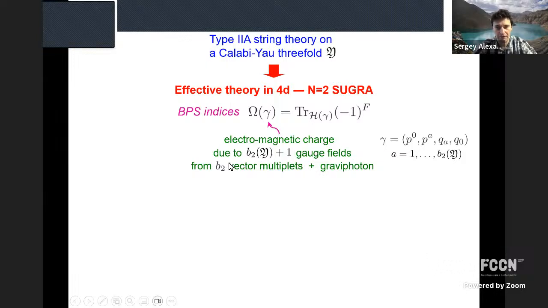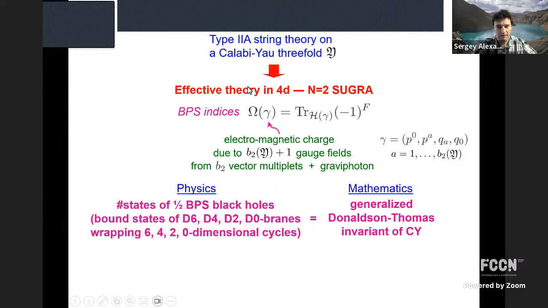So b2 of them come from vector multiplets, and one additional comes from the gravitational multiplet. And of course, each gauge field gives one electric and one magnetic charge. So for me, p0, pa will be magnetic charges, qa, q0 will be electric. And p0 is associated with the graviphoton, and pa, qa with the vector fields from vector multiplets.